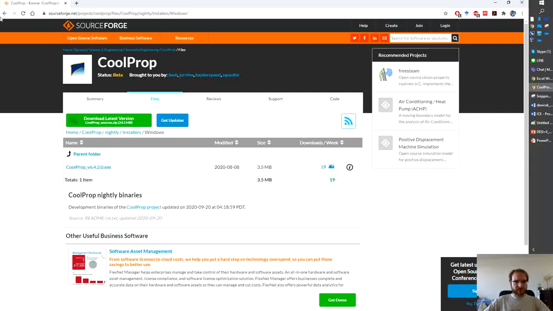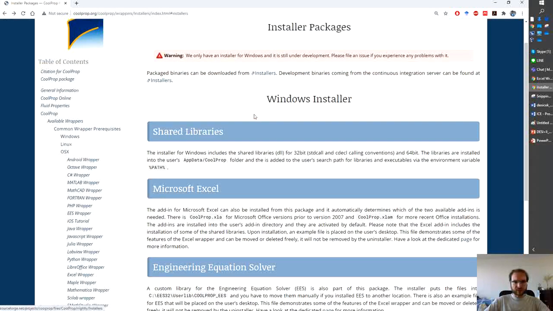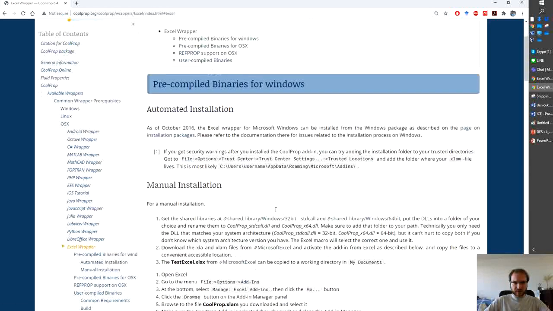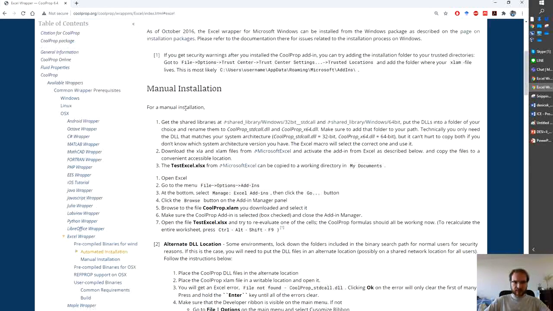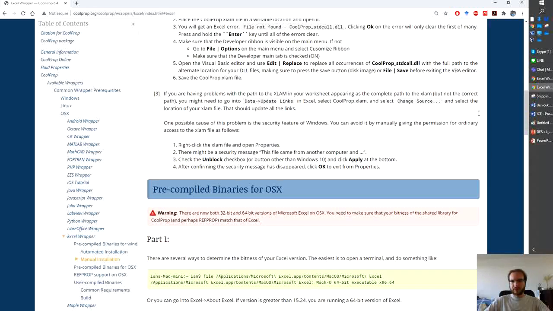If you would still have some problems, you can get back to the site of CoolProp, where there is some information regarding eventual manual installation. So you are at the Microsoft Excel section, and here you eventually have a manual which you can follow.